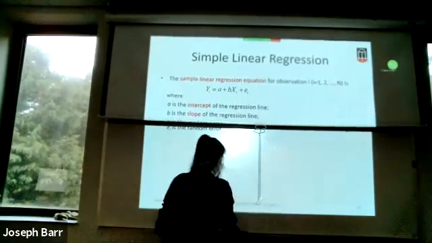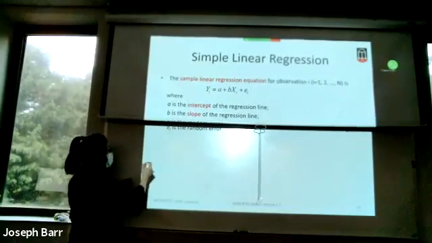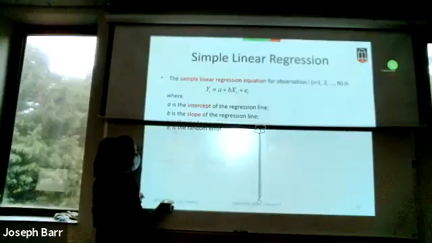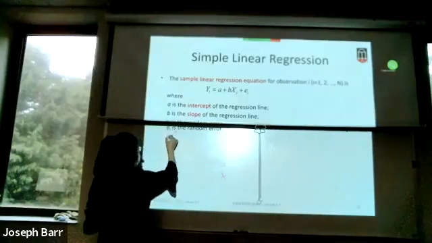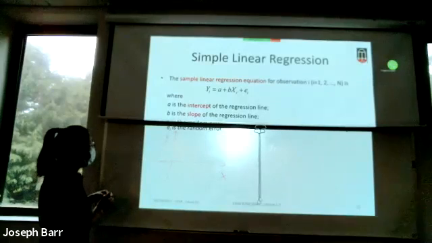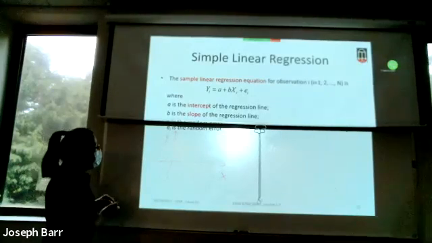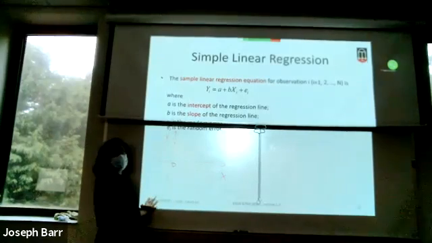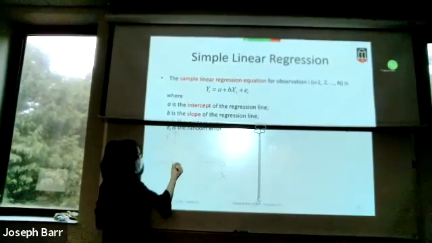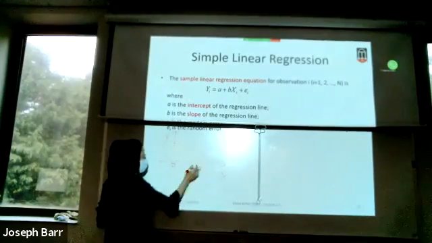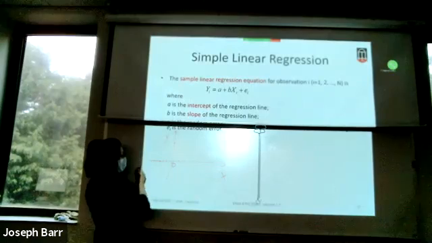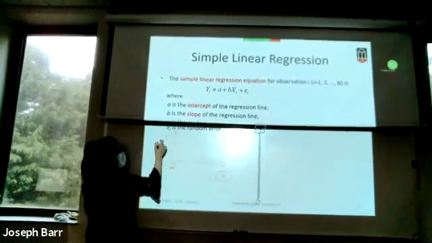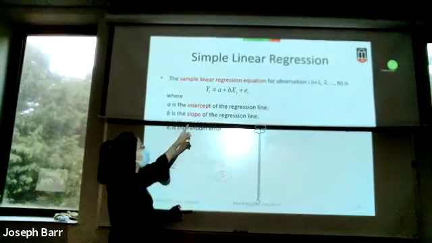So we have x, we have y here. Intercept is the expected value of y when x is 0. X can take a lot of values, 1, 2, or 3, or even -1. But when x is 0, the expected value of y is A.